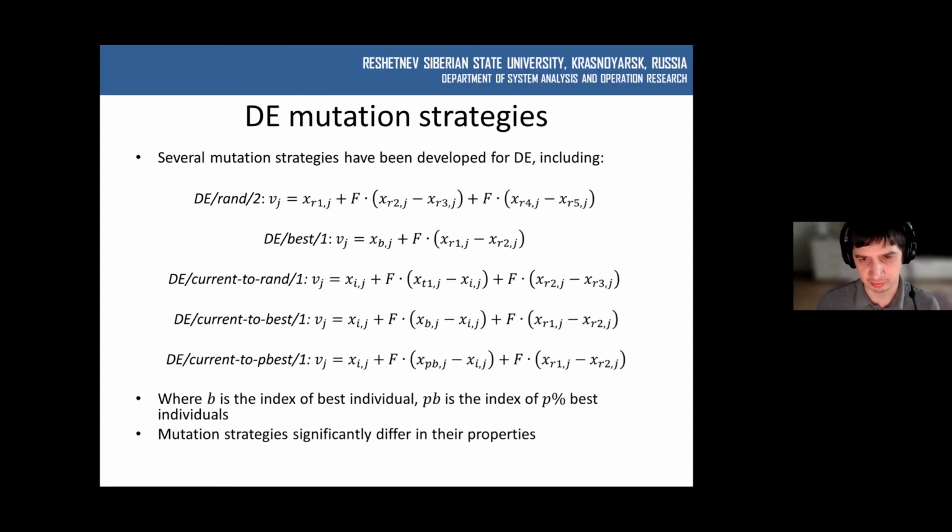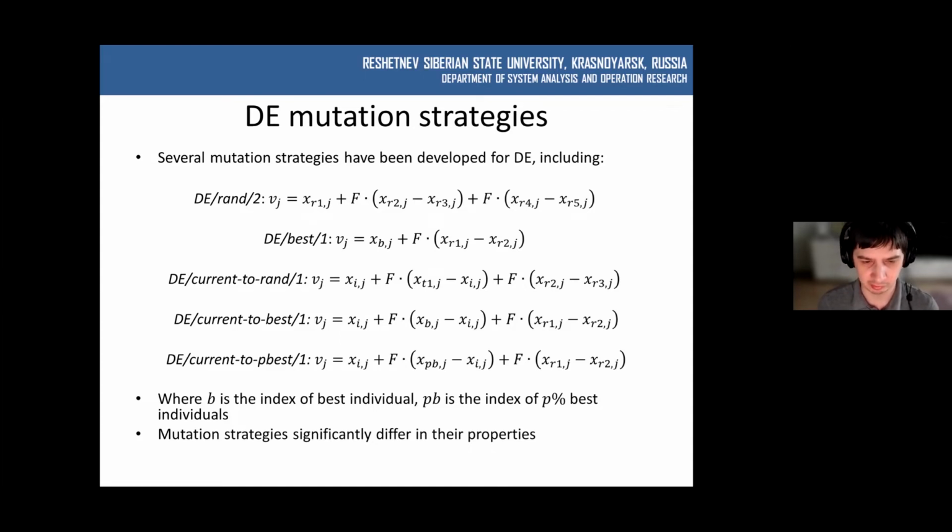In just several slides. Of course, there are modifications, and the first modification is just modifying the mutation strategies that you can use. Here you can see several popular ones like rand2. You have two differences. Best one, you search next to the best solution. Current to rand, you have like a line connecting a random individual and the current individual.